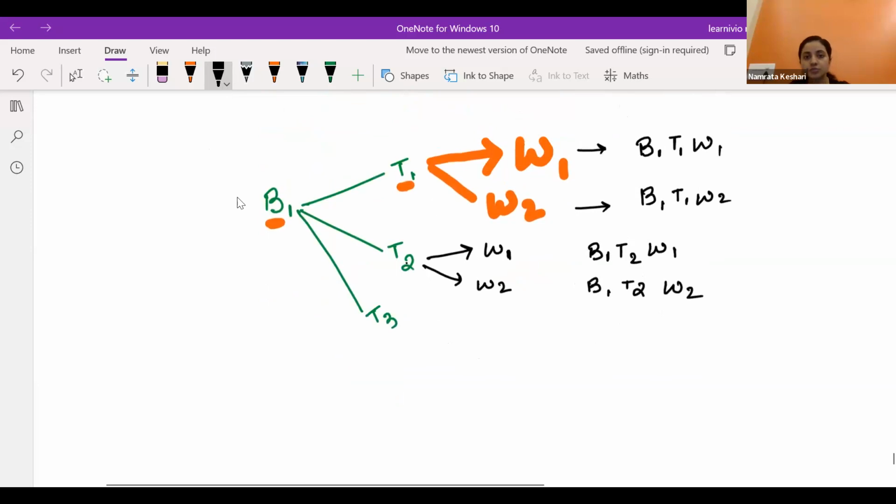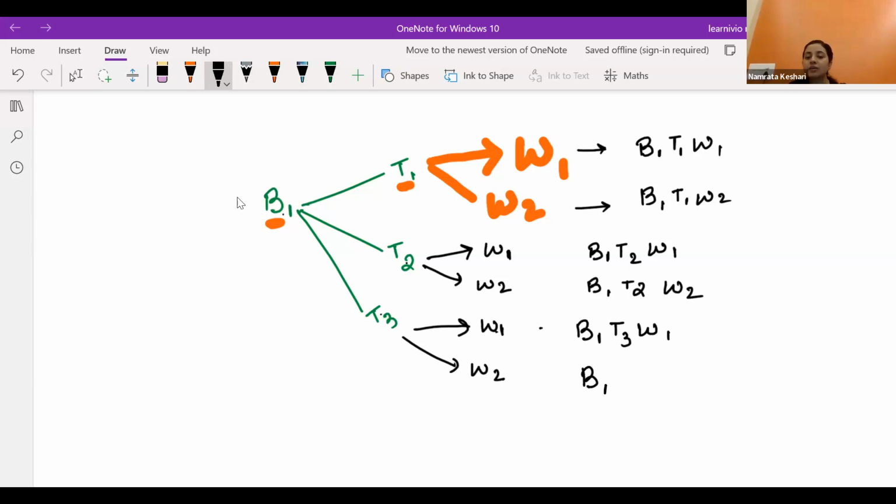Yes, let's move. Now suppose we have taken bag 1 and tiffin box number 3. Again, two possibilities will be there. Either we have water bottle number 1, or you will choose water bottle number 2. Here again we have bag 1 with tiffin box number 3 with water bottle number 1.